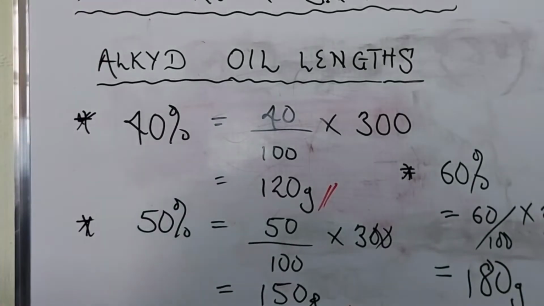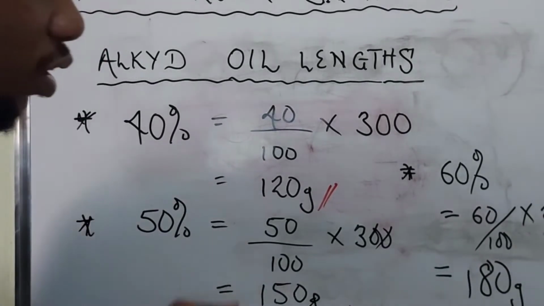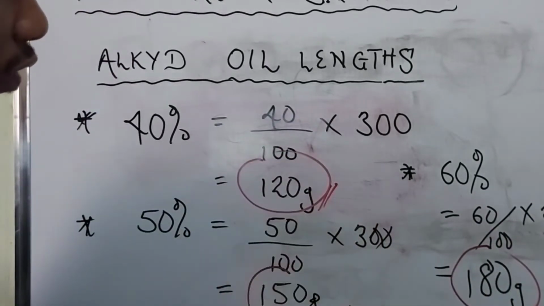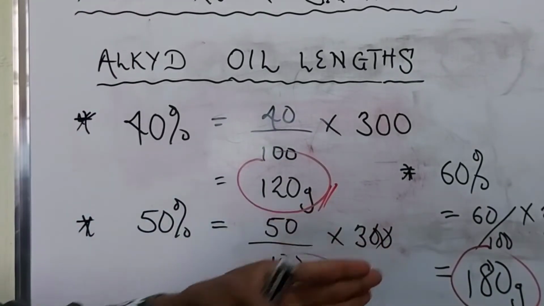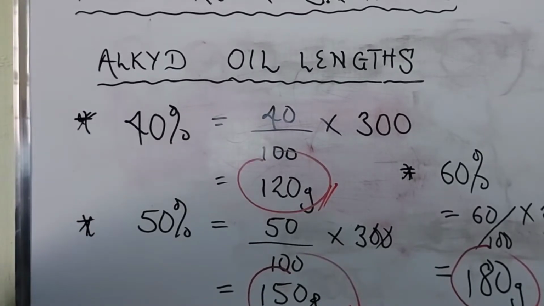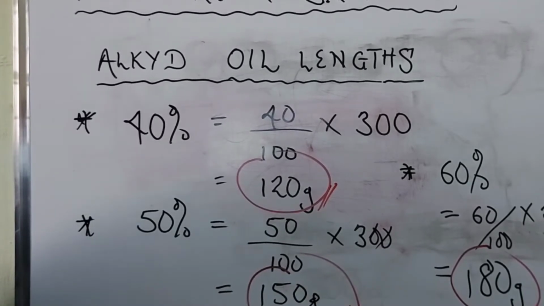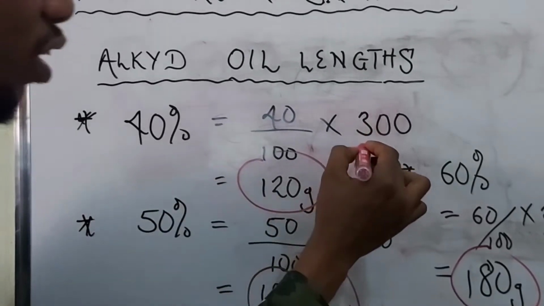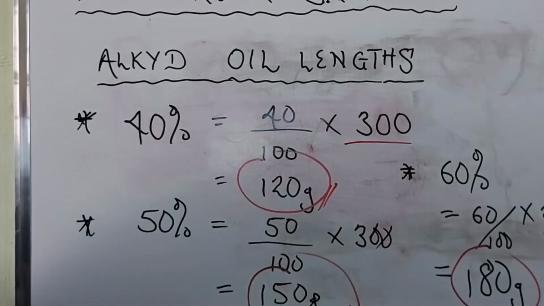Now these are just the various weights in gram of the drying oil for the various oil lengths of alkyd resin we want to produce, and also make a paint from. So this should be noted for our 300 gram formulation.